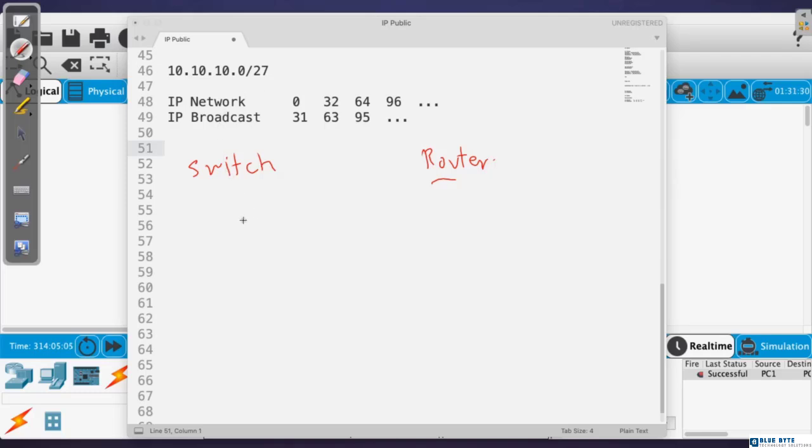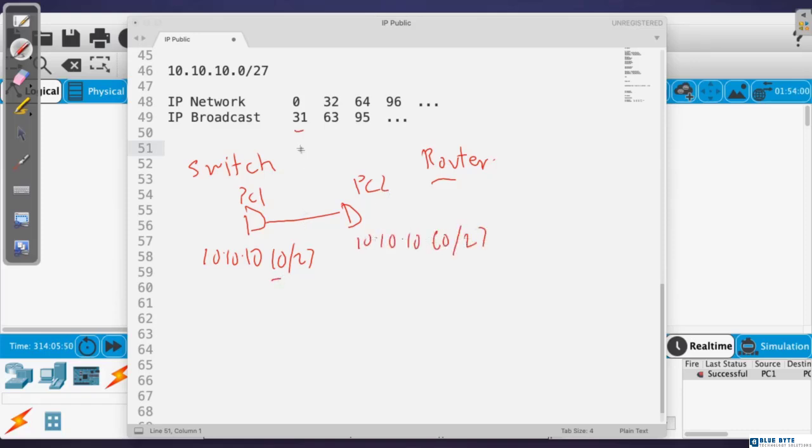If you remember in the previous video, I showed you that if two PCs are in different block subnets, the two PCs cannot communicate with each other. So, if here we have two PCs, the IP address of PC1 is 10.10.10.10/27, and the IP address of PC2 is 10.10.10.60.